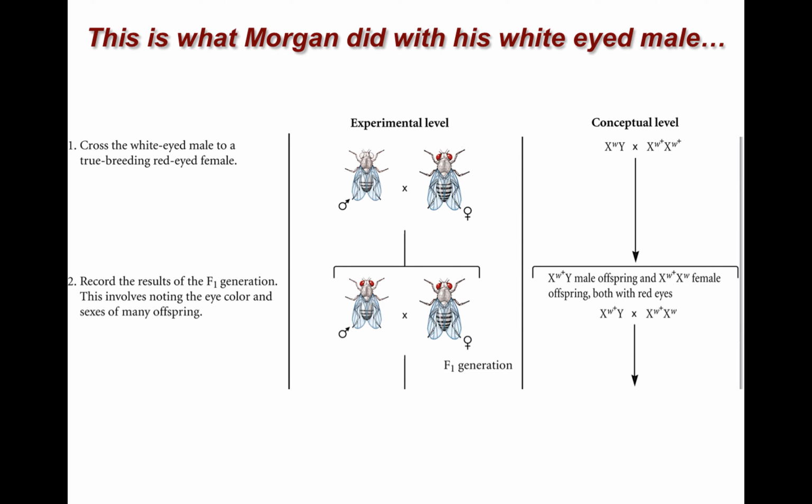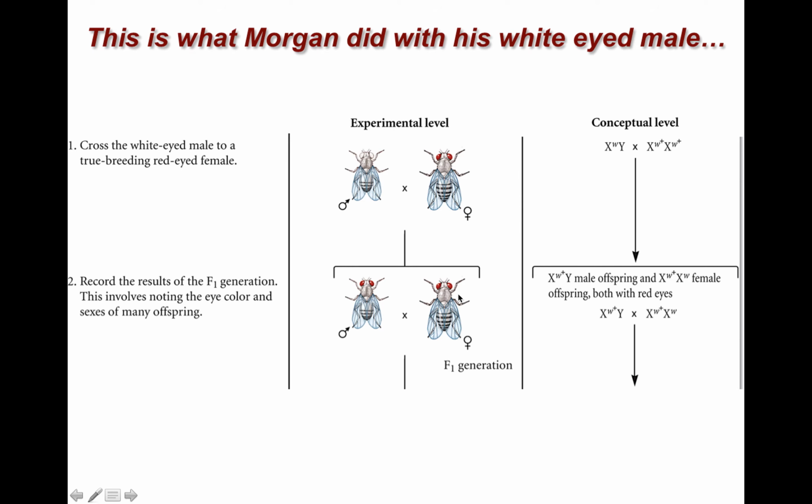This is what Morgan did with his white-eyed fly. He took the white-eyed male that he had found and mated him to a red-eyed female that was true breeding. In the F1 generation, all of the flies, both male and female, were red-eyed, and that was pretty much expected.